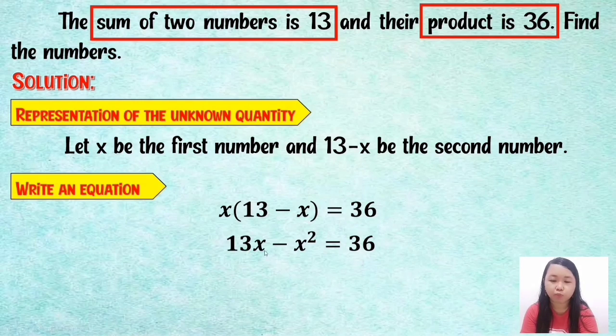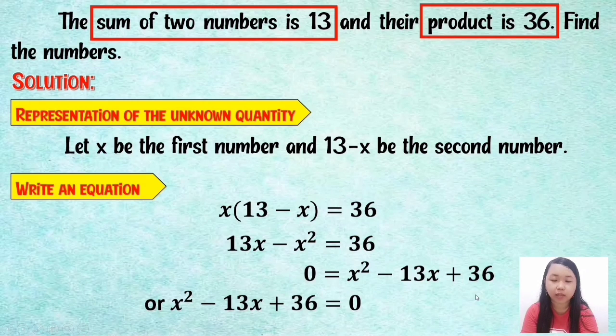So transpose 13x minus x squared to the right side of the equation. From negative x squared it will become positive x squared. Positive 13x will become negative 13x, and then just copy positive 36. Or x squared minus 13x plus 36 is equal to 0.